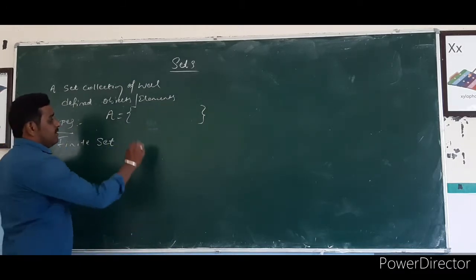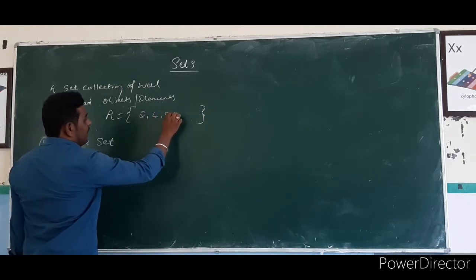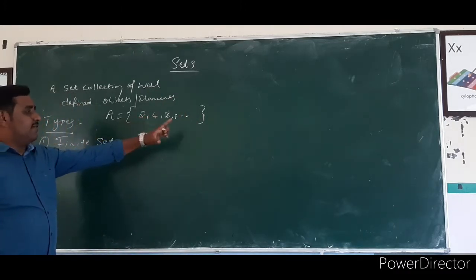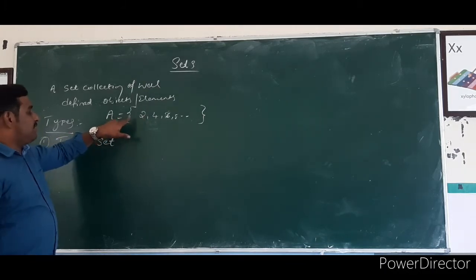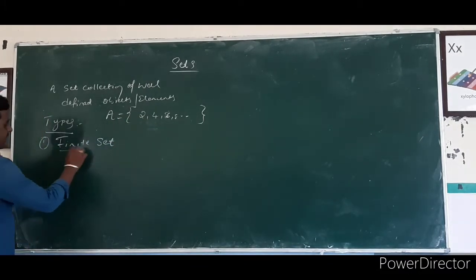Suppose I am writing 2, 4, 6, 8, and it goes on like this, the set of even numbers is represented by capital letter A. The elements are represented within the curly brackets. So the first type of set is finite set.